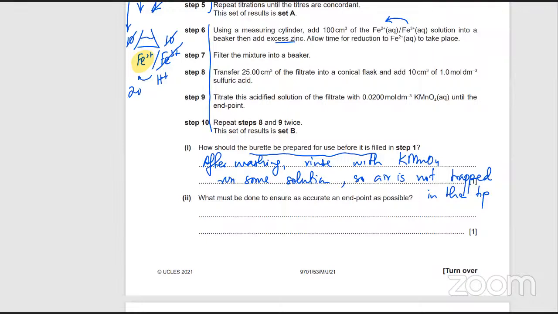Indicator. नहीं, इंडिकेटर तो नहीं चाहिए. What can be done to ensure an accurate end? How do you perform a titration accurately? कलर चेंज तो होता ही होता है. कलर चेंज केमनोफोर में वैसे ही होता है.